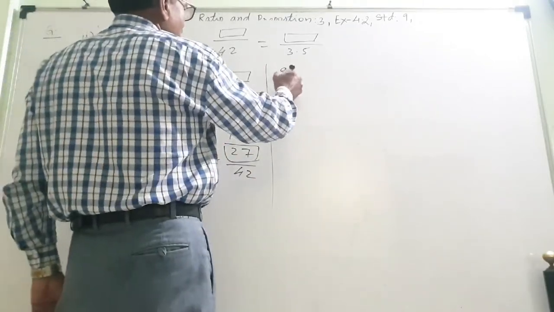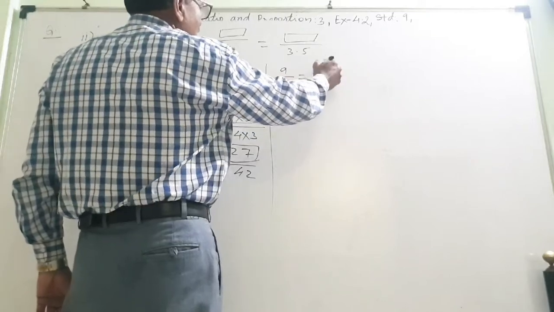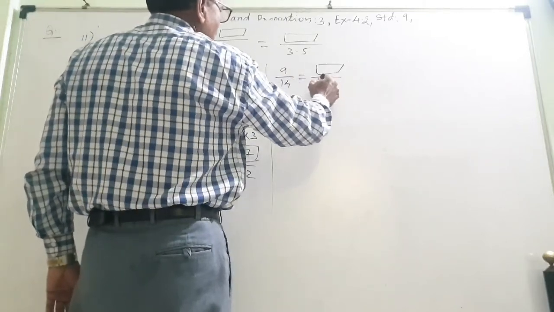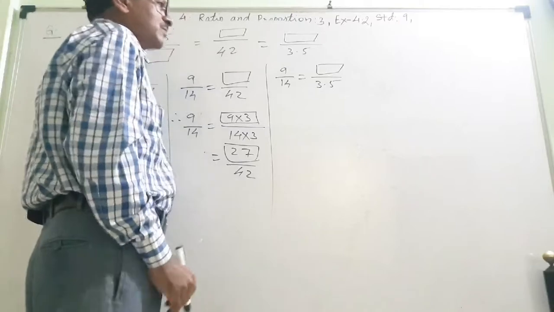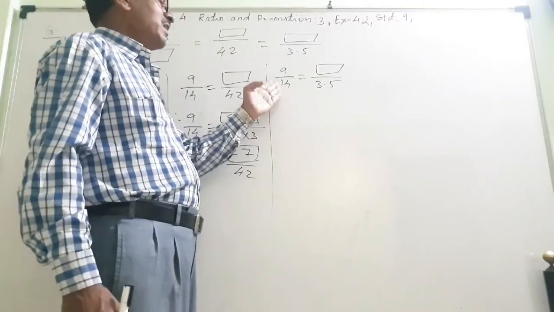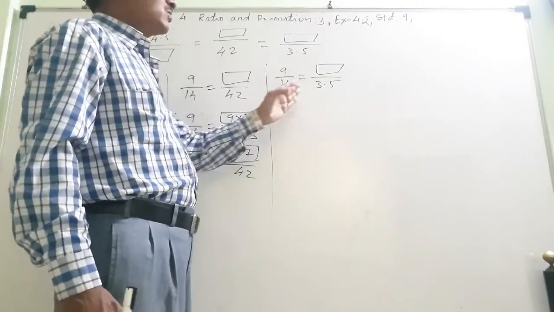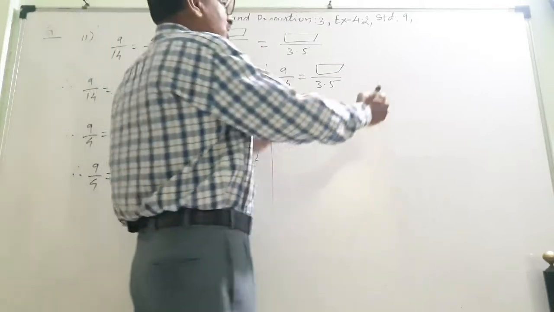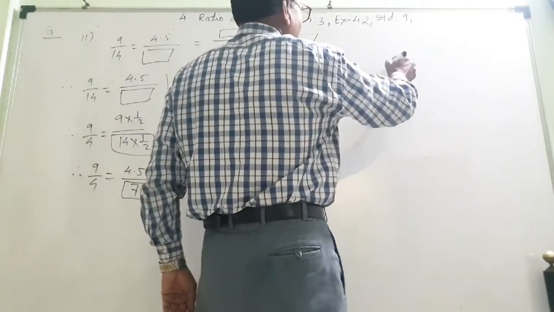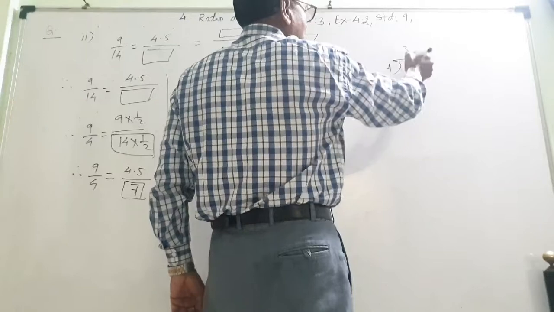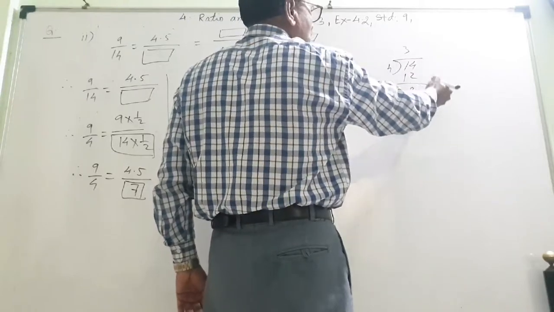Now this, 9 upon 14 is equal to box upon 3.5. Half of this is 7 and half of that is 3.5. So it is divided by 4. 14 divided by 4, see, 14 divided by 4. 4 3s are 12. Remains 2.